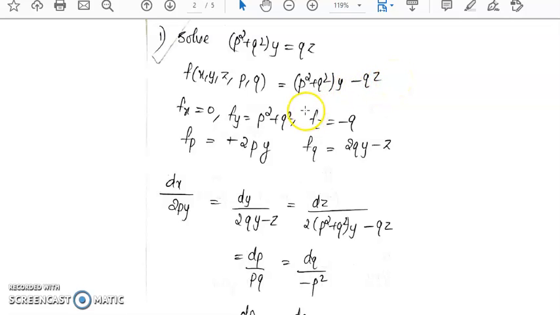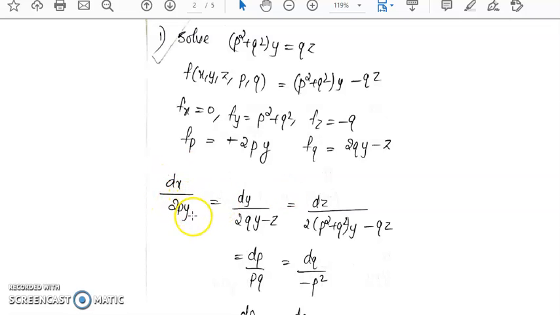Okay. So you will have fx equal to 0. Then fy, on differentiating, will be p square plus q square. Fz is minus q. Fp is 2py. And fq is 2qy minus z.